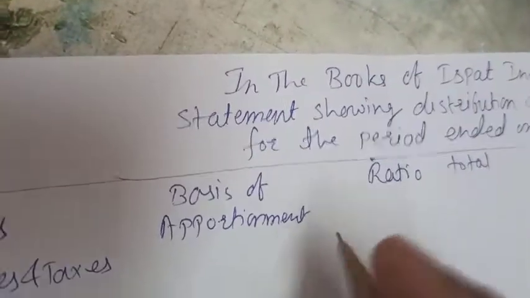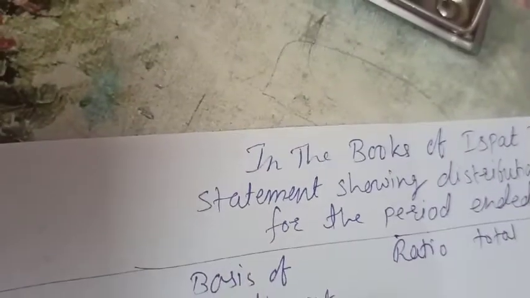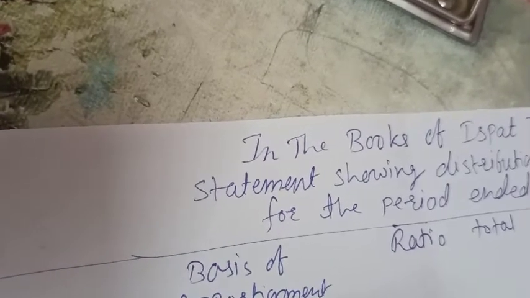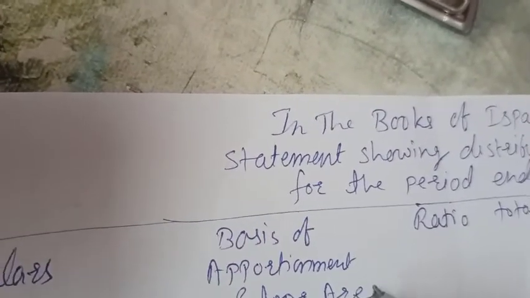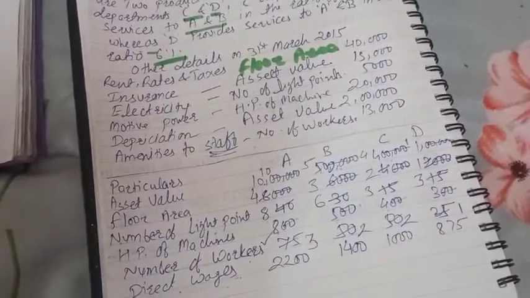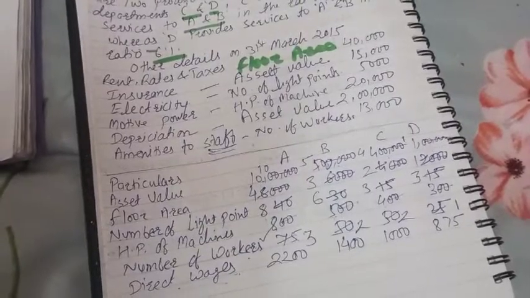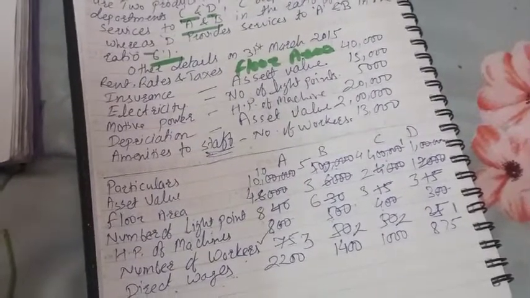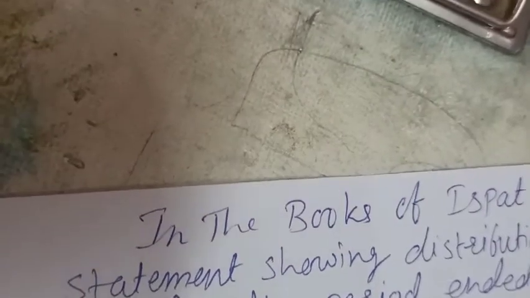The basis of apportionment is floor area. We already calculated the ratio of floor area, that is 4 is to 3 is to 2 is to 1. Now we are going to divide the total amount, that is 40,000.